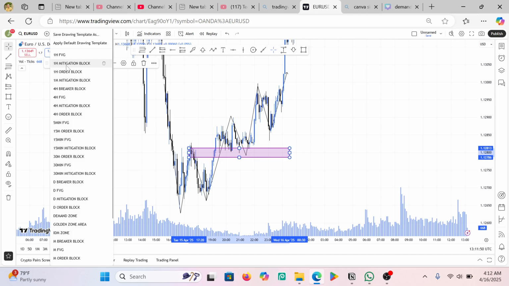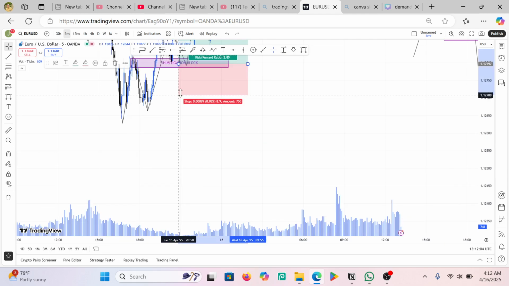The market came to that point, your stop loss below that, your take profit above at the nearest.